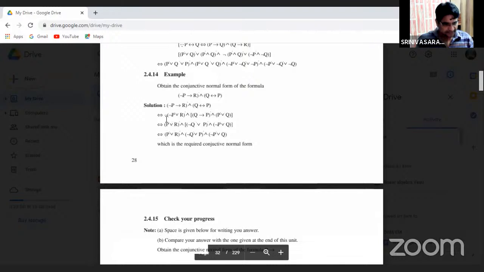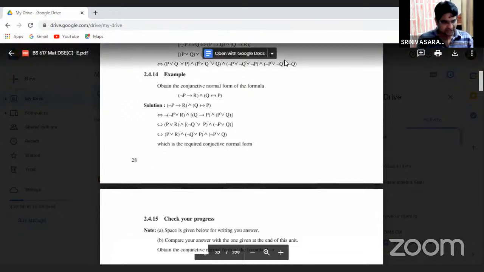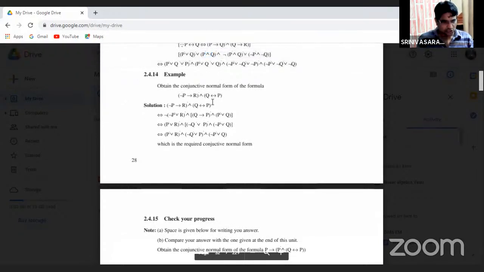Okay, now negation of negation is P. At the same time, R, capital R, and negation of Q or P and negation P or Q from this expression. Now, the final result is P or R and negation Q or P and negation P or Q. Okay, this is the result for negation P conditional R, and Q biconditional of P.